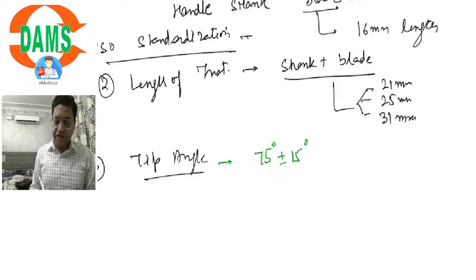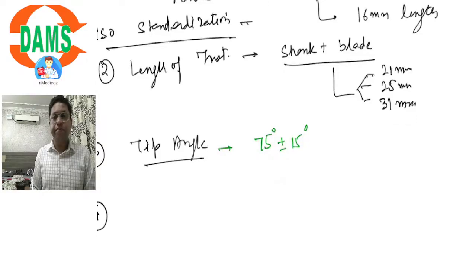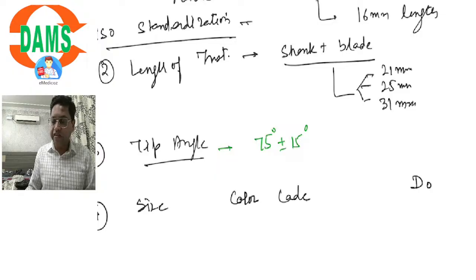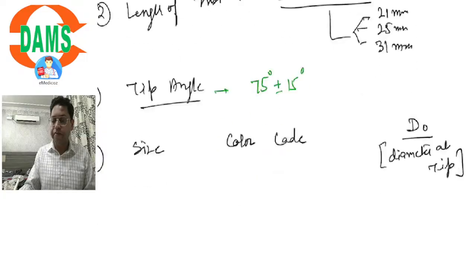Another standardization for the instrument is the size of the instrument, its color code, and its D0. D0 of the instrument means diameter at tip of the instrument.